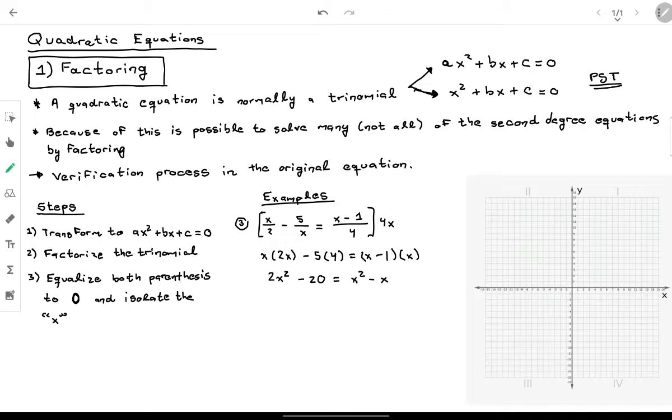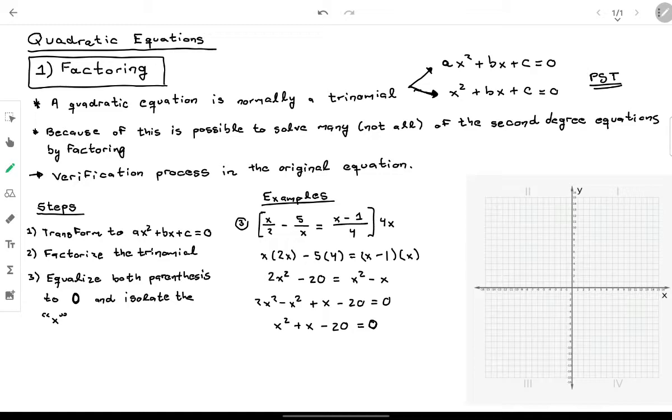If we put them all on the same side of the equation, it's going to be 2x squared minus x squared plus x minus 20 equals 0. That means it's going to be x squared plus x minus 20 equals 0.